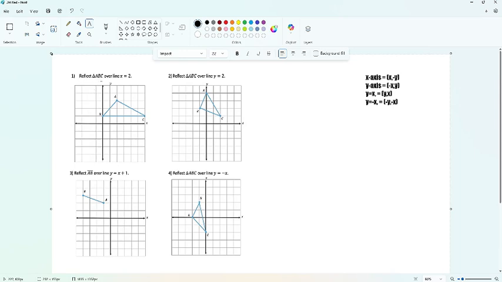Alright, now let's start with the first question. Reflect A, B, C, D over the line x equals negative 2. We want to find the line of reflection first since we're given it. So x equals negative 2. Whenever x is equal to something, it's going to be a straight vertical line.